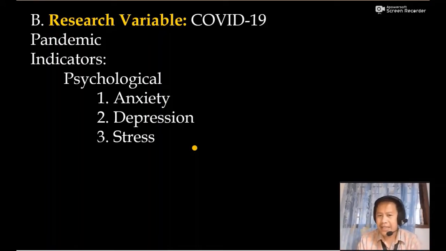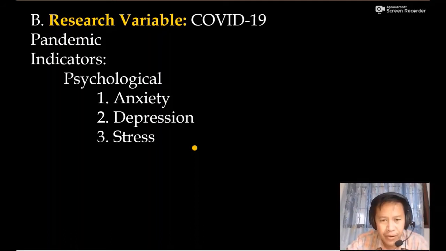Although we cannot see anxiety, depression, and stress, we can observe that a person is having anxiety. We can observe that a person is having depression. We also observe that a person is having stress. Therefore, these are measurable. And of course, these are observable. And those are variables, and their indicators are measurable and observable.